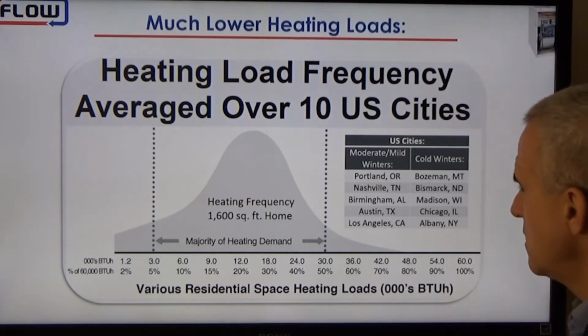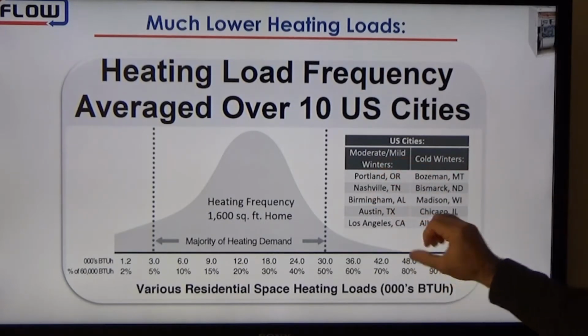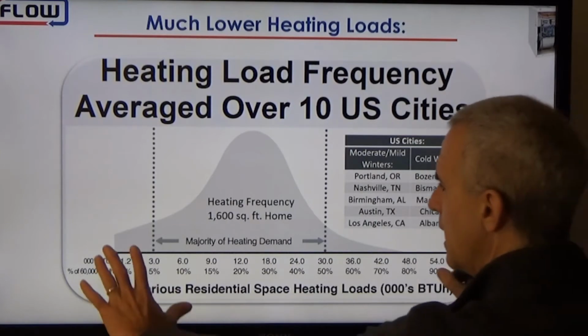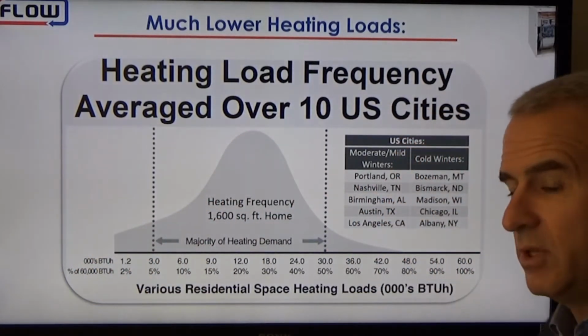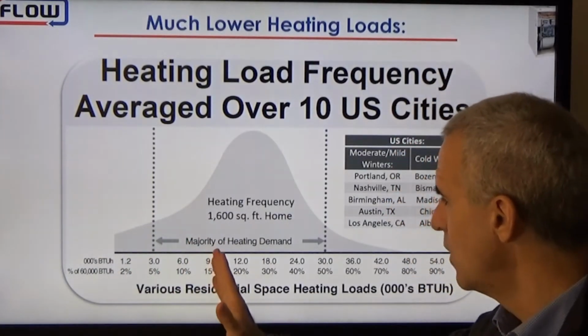So all to say that we're taking these 10 cities, we're averaging them out. 5 of them are cold weather, 5 of them are moderate, and putting them all together to see what type of distribution we get, if we can see something that's representative of, let's say, the US.